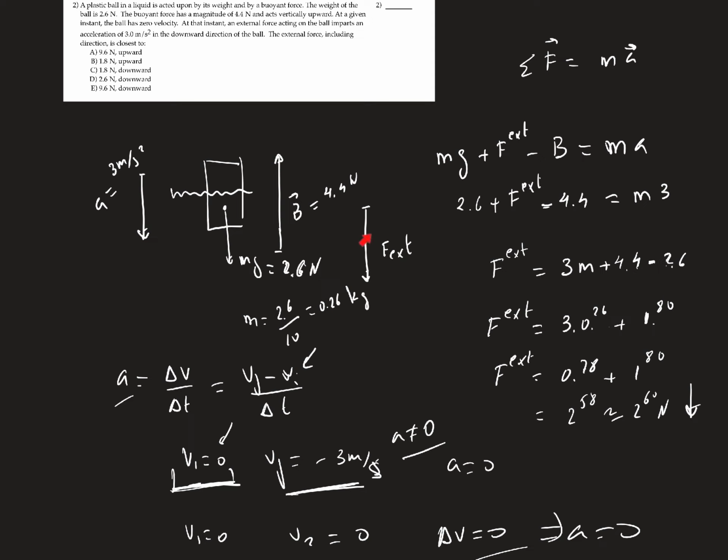And there is an external force, and the problem says that, taking into account this force, the acceleration of the body is 3 meters per second squared in this direction. So what the problem is asking is, what is this external force that makes the object accelerate in this direction at 3 meters per second squared? So what you will write is, the sum of all the forces equals the mass times the acceleration.